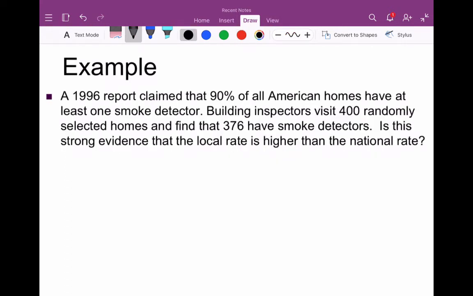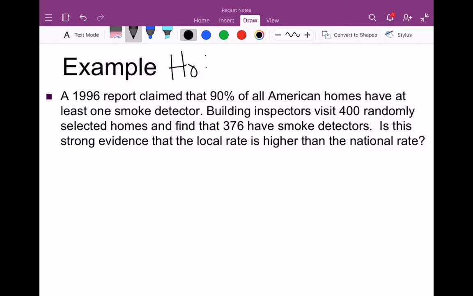Our second example asks, a 1996 report claimed that 90% of all American homes have at least one smoke detector. Building inspectors visit 400 randomly selected homes and find that 376 have smoke detectors. Is this strong evidence that the local rate is higher than the national rate? So we have to go through our 4 steps. Again, our first step is our null hypothesis.